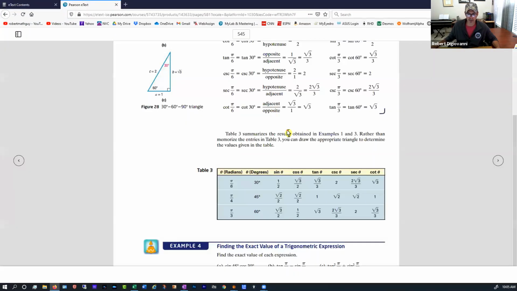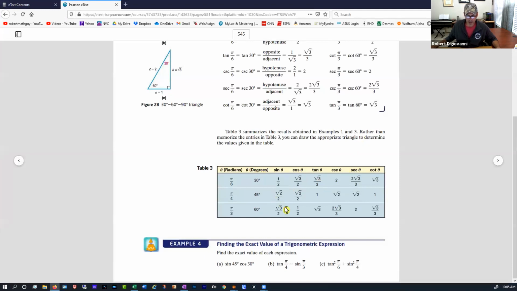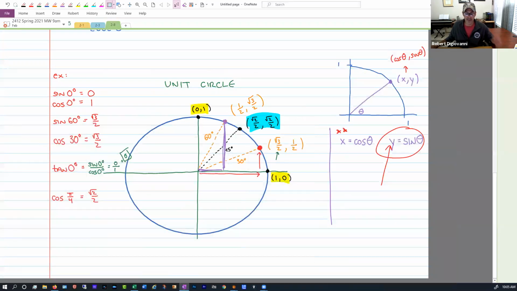So the way the book does it is they give you a table and they say, okay, here are the common angles, 30 degrees, 45, 60. Here are those in radians. And then here's a table, just memorize the table, right? That's one way to do it. I personally don't like that. If you like that, then go ahead and memorize that table. I like something visual to connect it to. So that's why I'm giving you this, all right?